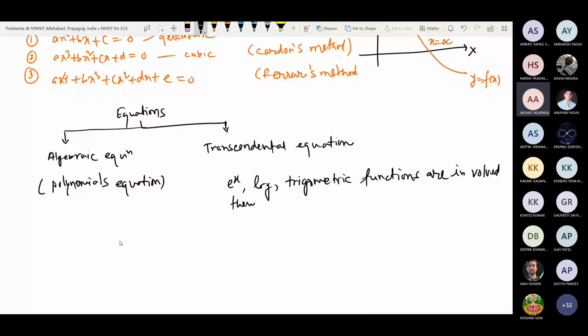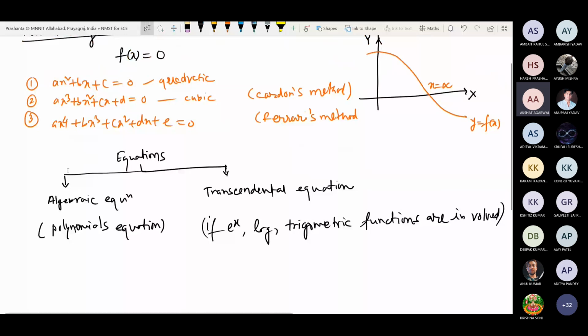If the equation is algebraic and the maximum degree is 4, then you can find the roots by a direct method. Direct method means you find the root after a finite number of algebraic operations: addition, multiplication, division, subtraction. Using only these four kinds of operations, you will be able to find the roots, and they will be finite in number.